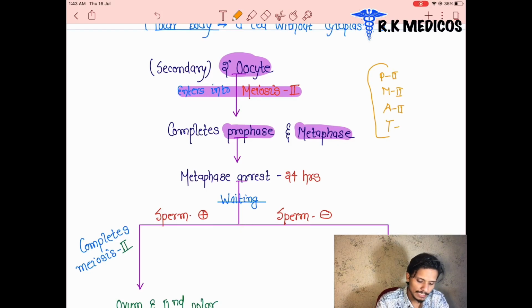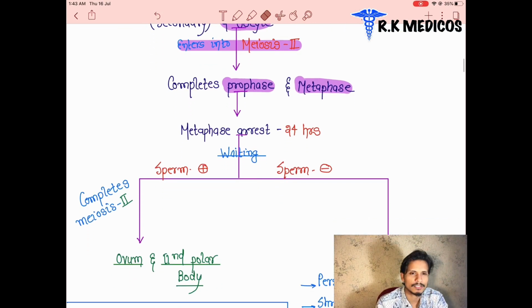We can see here, after the completion of prophase and metaphase, these secondary oocytes get arrested in metaphase arrest, for up to 24 hours. It depends on whether the sperm enters the female genital tract or not, whether the sperm is present for fertilization or not.